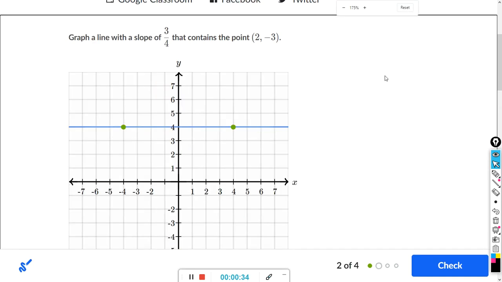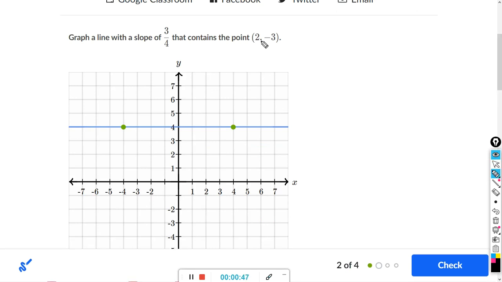So I would say that it's best to graph the point first and then do the slope from there. As you know, the point is in the form x, comma, y. Okay? So for this point here, we go to x equals 2 and y equals -3.